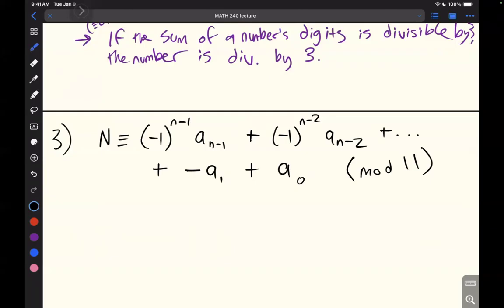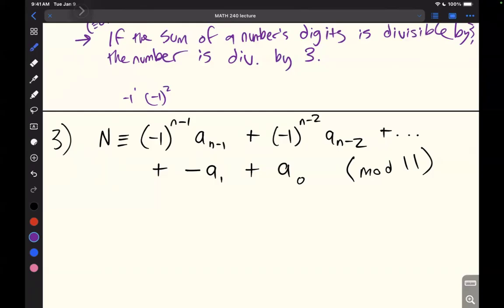So in mod 11 land, what's this saying? We know that (-1) to the 1 is -1, -1 squared is 1, -1 cubed is -1, -1 to the 4th is 1. So it flips the sign.